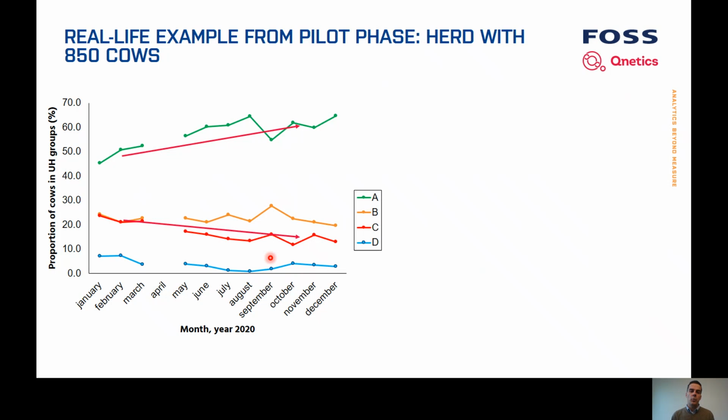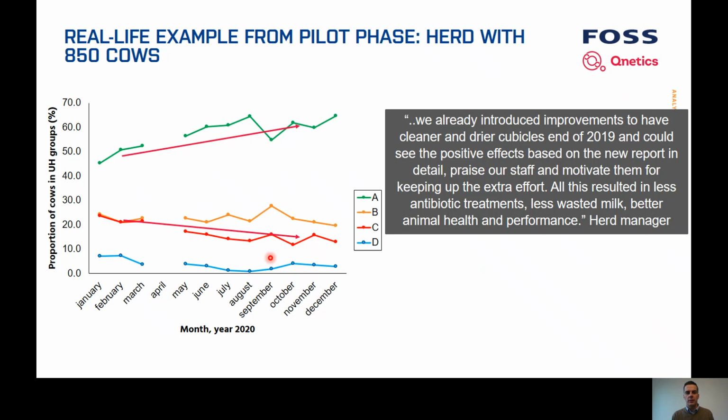And we could explain this positive development based on the fact that the infection pressure in terms of mastitis decreased over time in the herd, and thus more and more cows were healthy and the cows were also more productive.